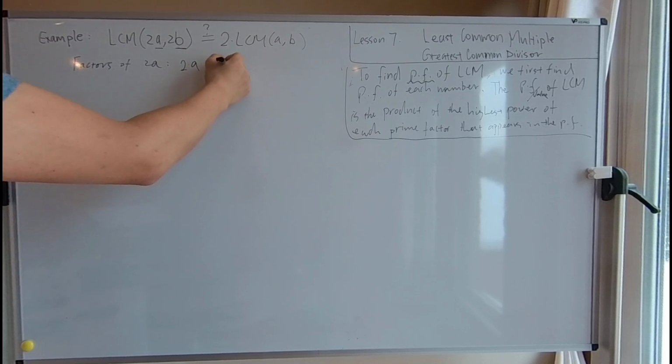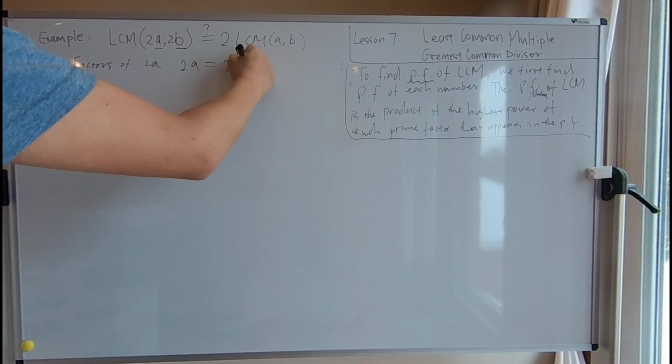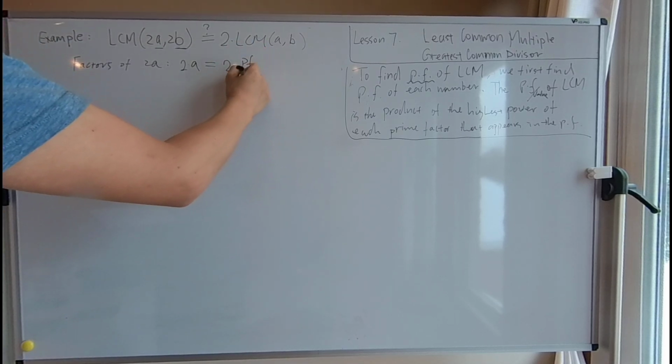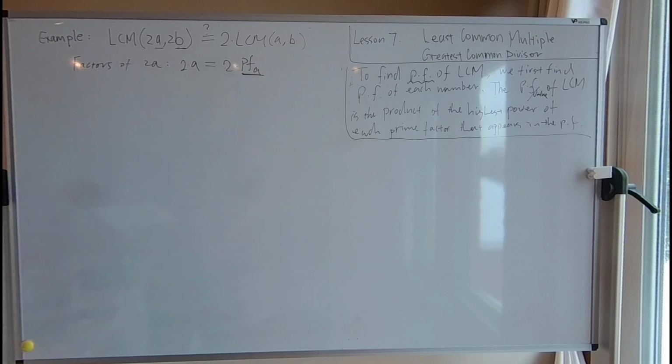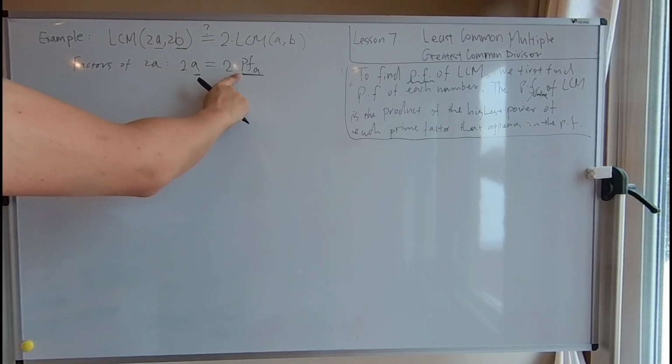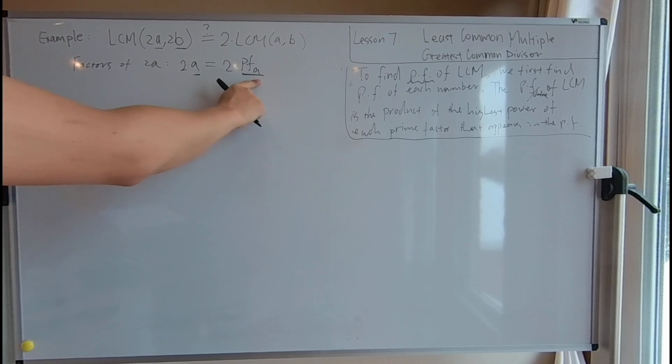If I invent a new notation, PFA, to denote the prime factorization of number a, then the prime factorization of 2a is 2 times the prime factorization of a.